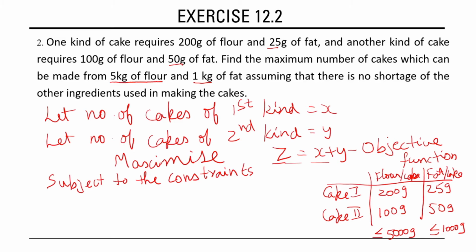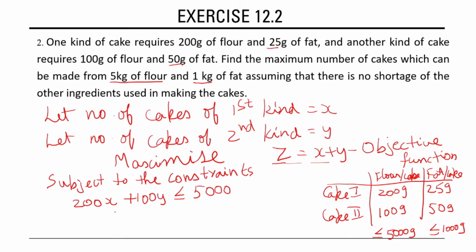Cake 1 requires 200 grams of flour and cake 2 requires 100 grams of flour and the amount of flour available is 5000 grams. So we have 200x plus 100y less than or equal to 5000. This is our constraint with respect to flour.